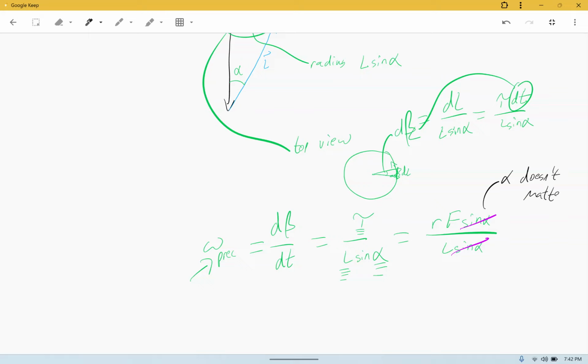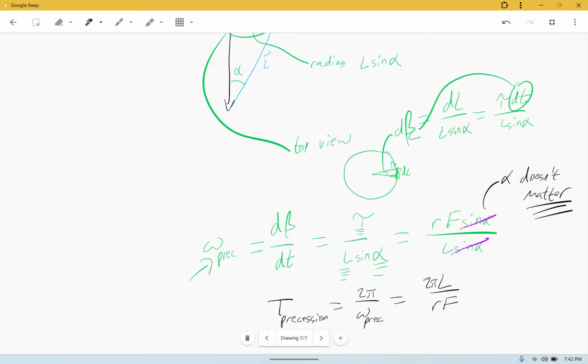So that's super cool. What that means is that the time of precession, really the period, which of course is just 2 pi over the frequency of precession, is going to be 2 pi L over RF. So that's really, really cool.